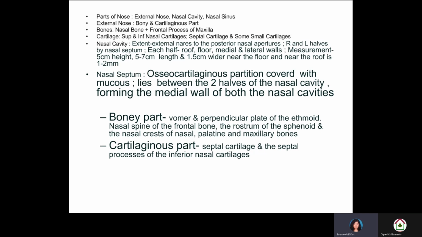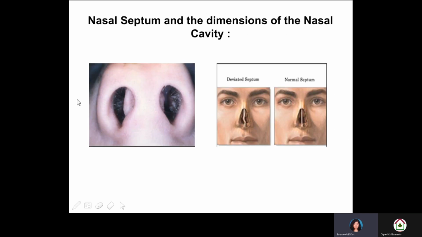Next, the nasal septum lies between the two halves of the nasal cavity, forming the medial wall of both nasal cavities. Here, this is the nasal septum. It forms the medial wall of both the left half and the right half.